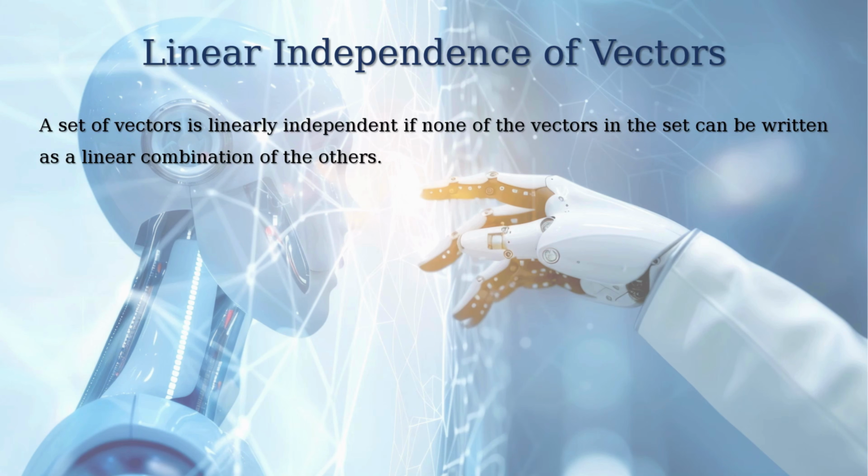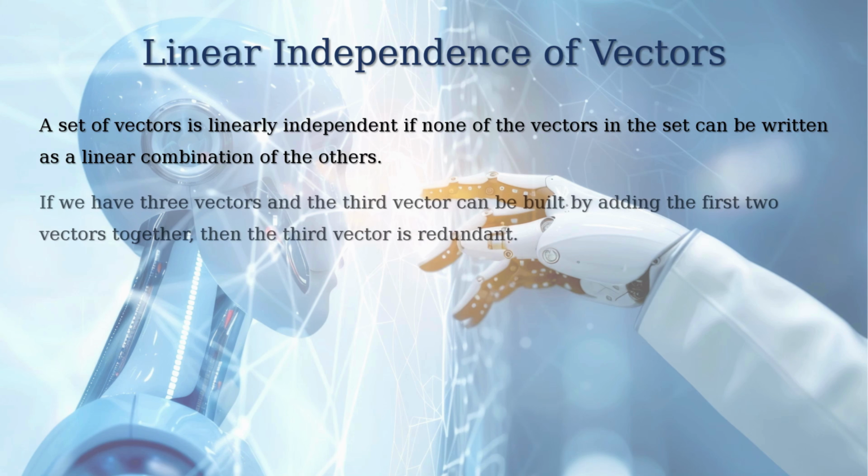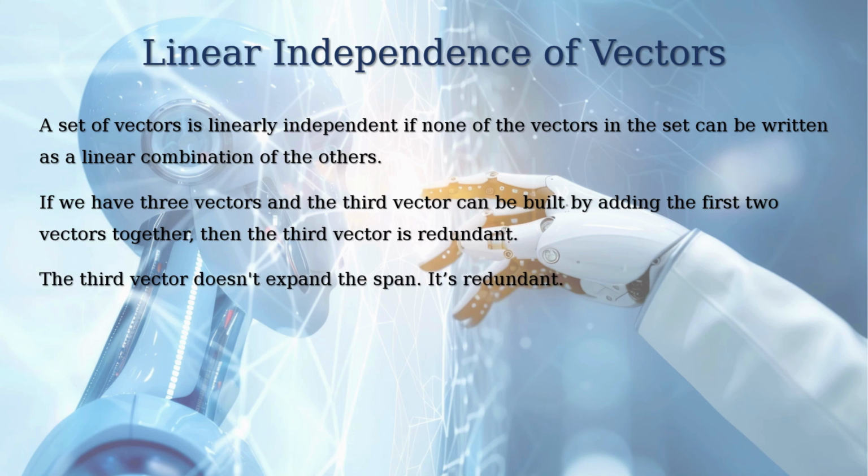A set of vectors is linearly independent if none of the vectors in the set can be written as a linear combination of the others. If we have three vectors and the third vector can be built by adding the first two vectors together, then the third vector is redundant.